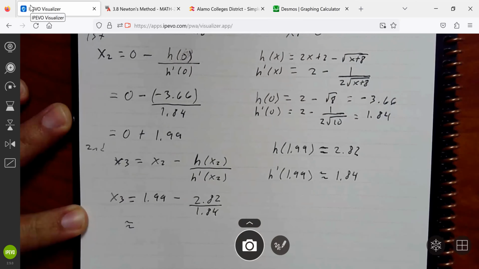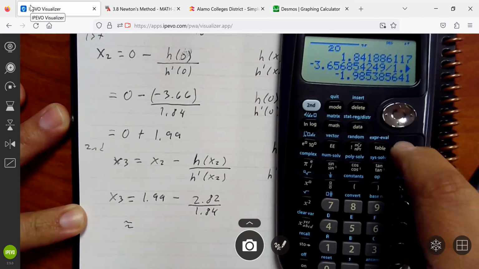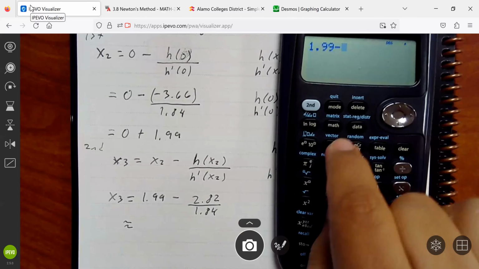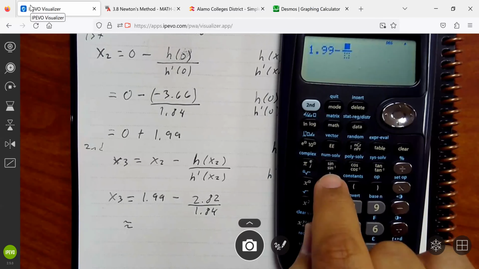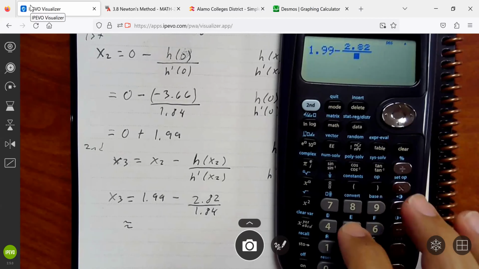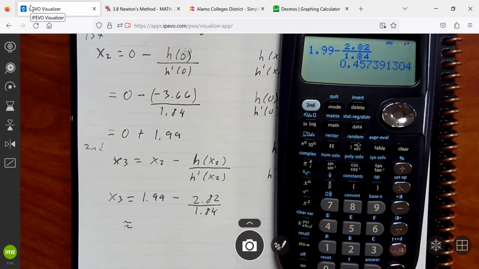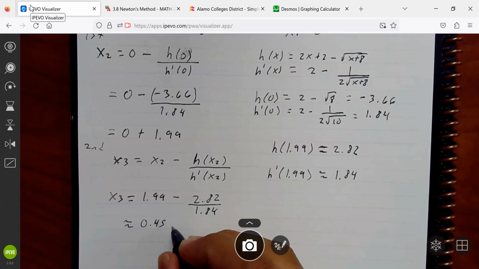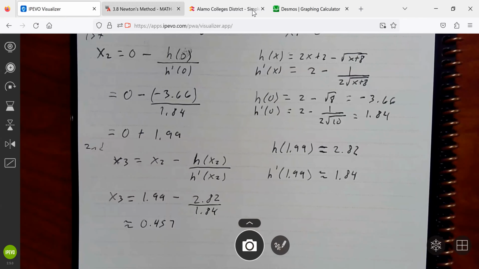So what is that approximately? No idea. 0.57. Which is, we're getting closer, right?